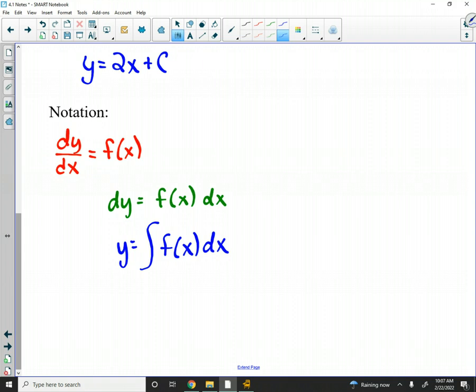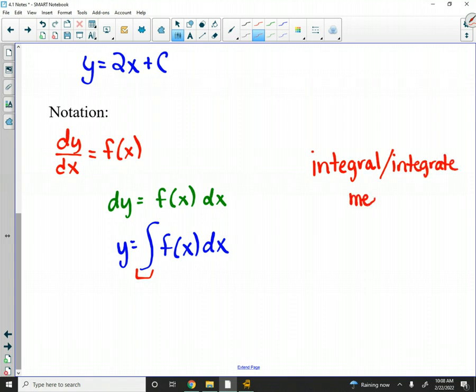Okay, now I'm going to label some parts here. This is telling us to antiderive, but have you heard of an integral symbol? Integrate, integral, means antiderive. The verb is integrate.